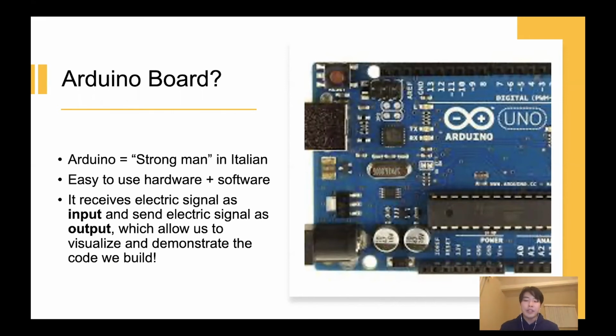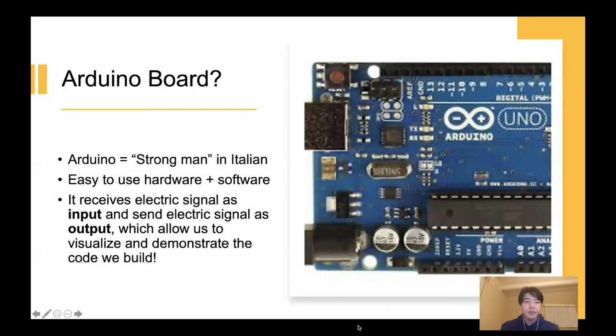Even though we said you don't have to purchase it to complete the class, without buying it, it might be a little boring, because the fun part of this class, I think, is building your own machines, right? Arduino, in Italian, means strong man. The reason why we use this is, number one, it's really widely used and there are many versions of it, and it's a really easy and fun way to start robotics.